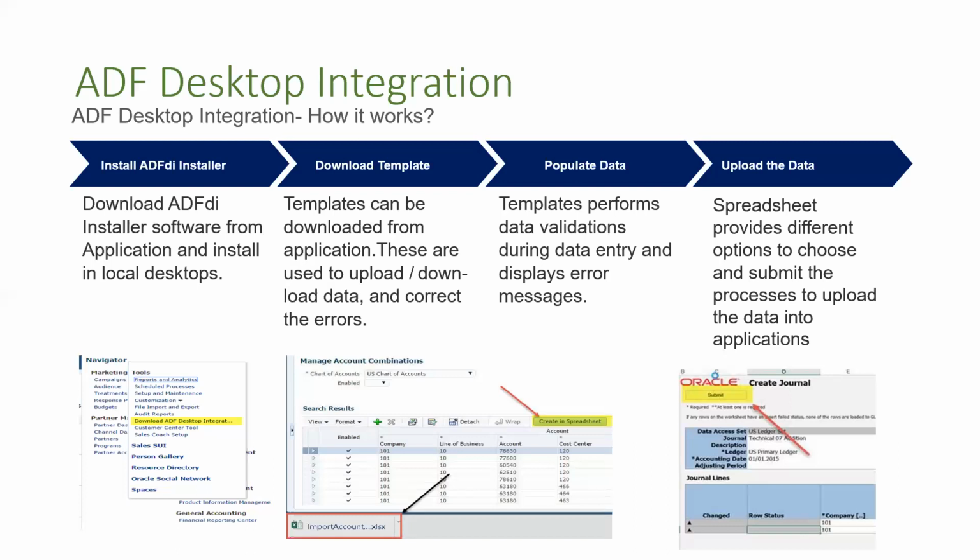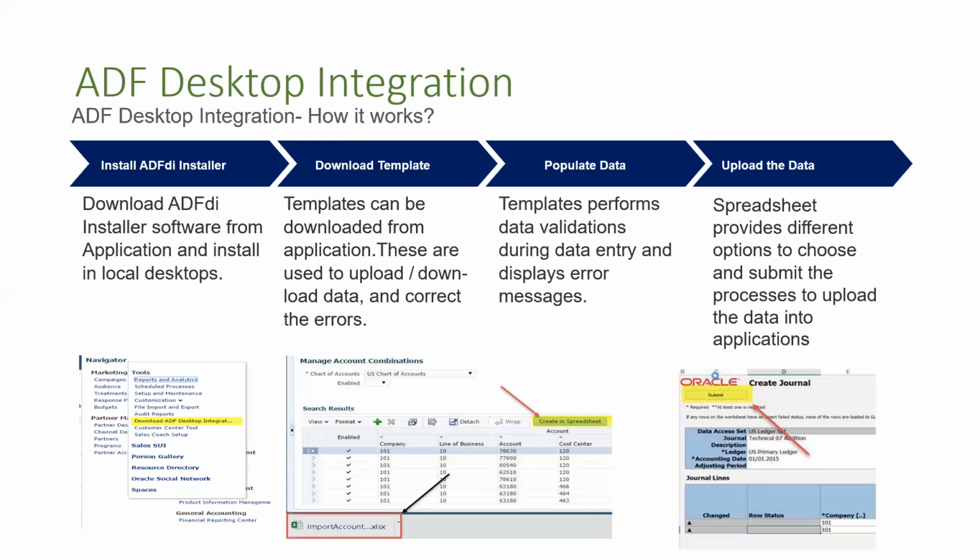You'll have to go to the AP invoices screen and download a template. You go to the task and say, download or upload invoices using spreadsheet. When you click on that task, it will download one Excel, which is also shared in the screenshot provided here. So you go to the AP invoices page, click on the task, say upload invoices using spreadsheet, and it will download one Excel sheet.